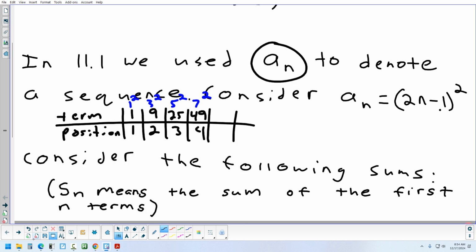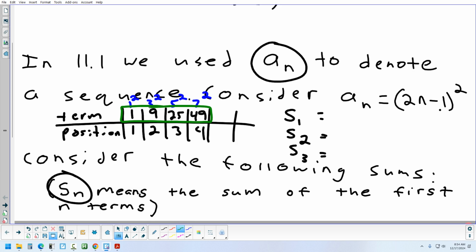All right. Now we're going to look at something a little bit different. We're going to look at this. S sub n. When you write a capital S, when you put a sub n, like that, that means to take the terms in your sequence and add up the first 3, or the first 2, or just the first 1.